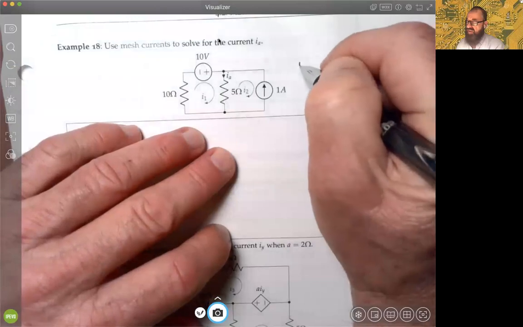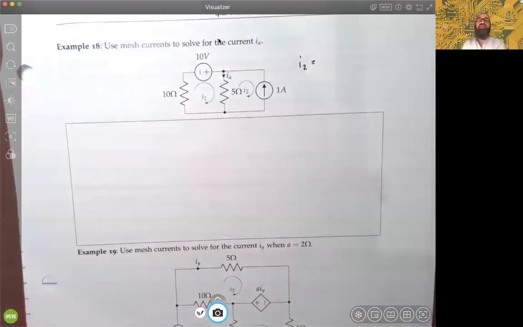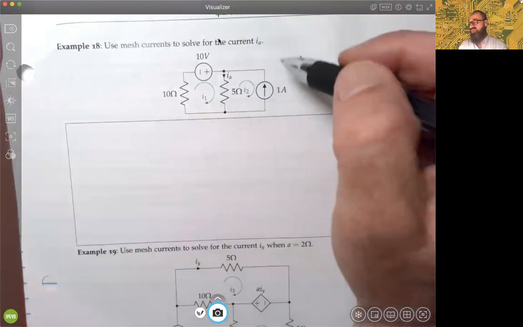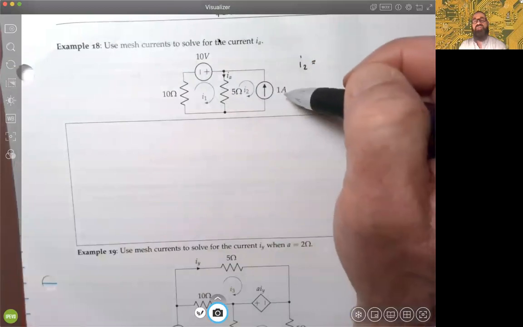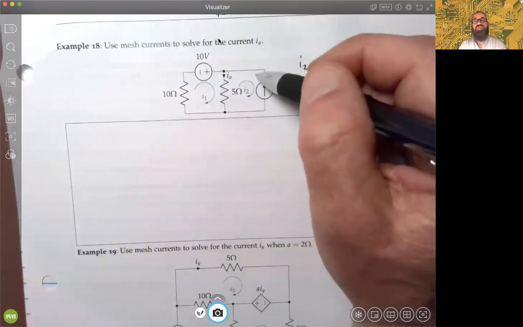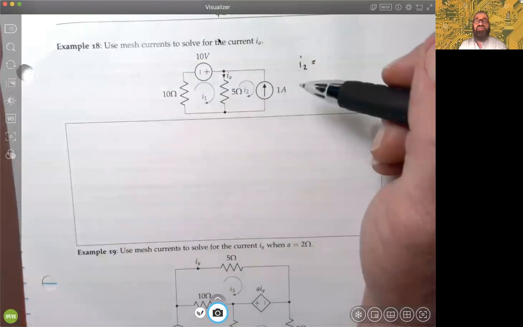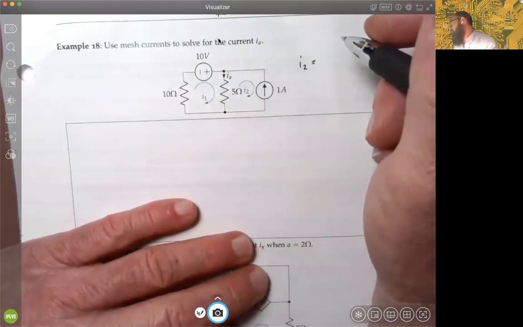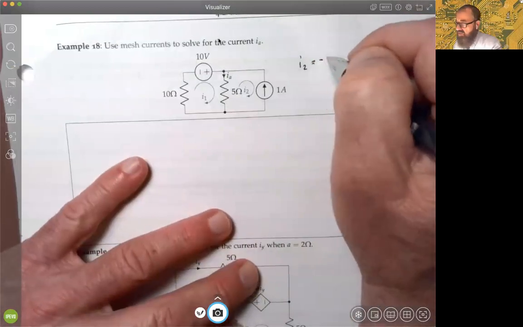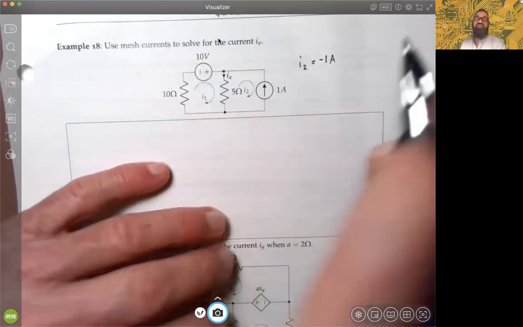Can you tell me what I2 must be then? On that side of the circuit, I've represented the reference direction of the mesh current as clockwise, but we have a current source that looks like it's going what? Anti-clockwise or counterclockwise. So I would hope you would say that in this case, it just means that I2 is minus 1 amps. Exactly.